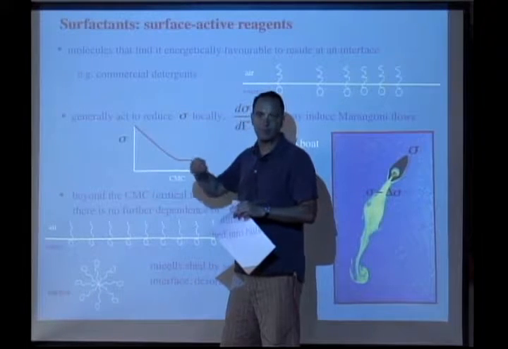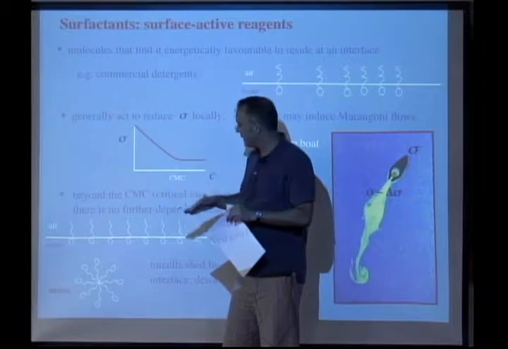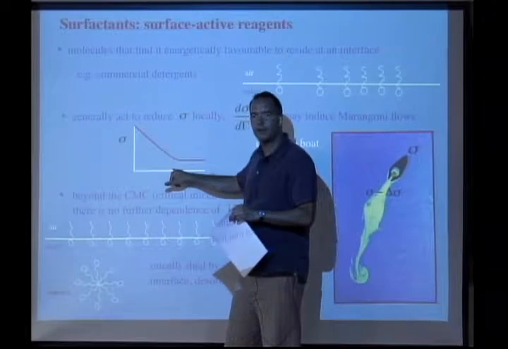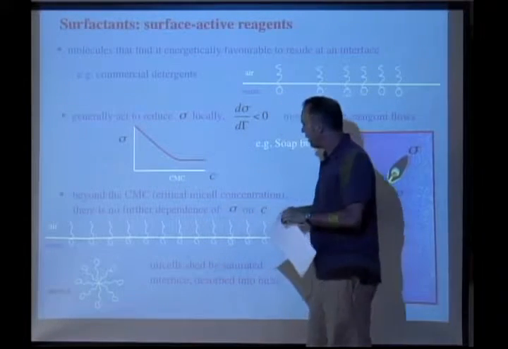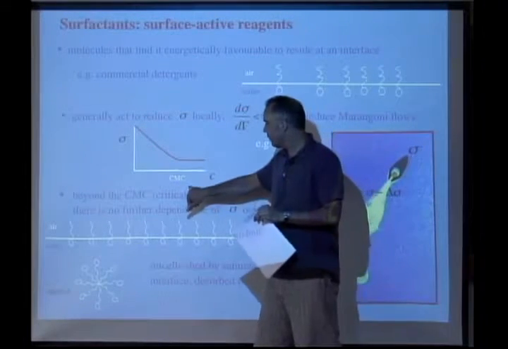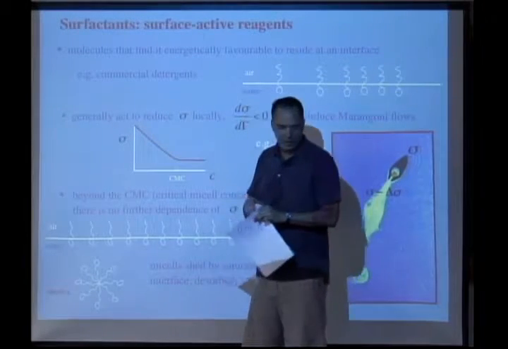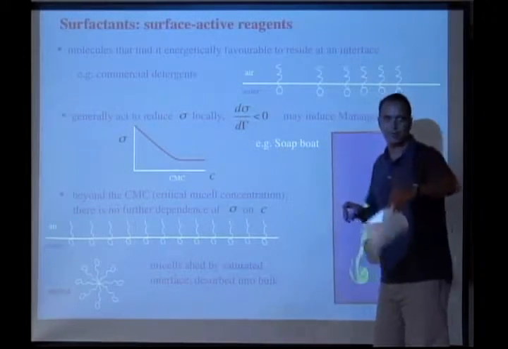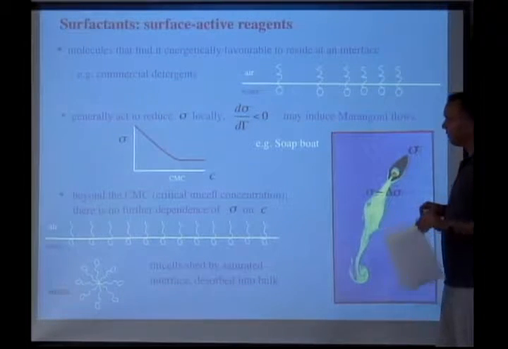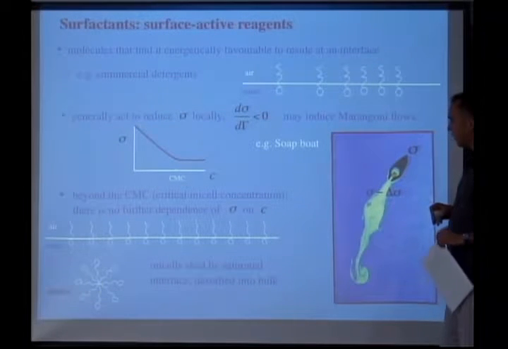So basically, as we increase the soap concentration, the surface tension goes down linearly until we reach this critical value. And this critical value, which is called the critical micelle concentration, there's no further dependence. So basically, the system becomes saturated. If you increase the surfactant concentration high enough, the surface tension no longer reacts.